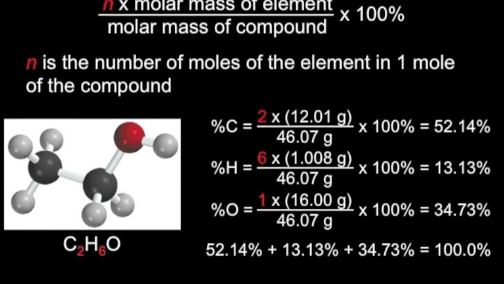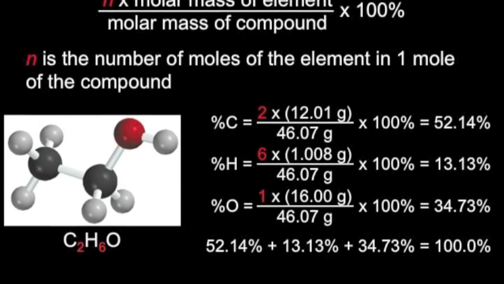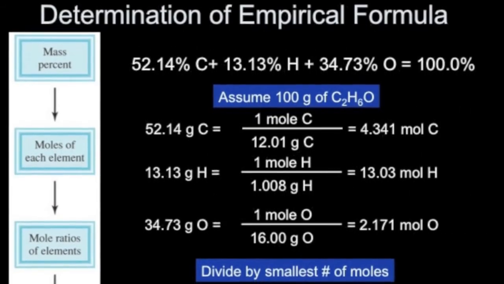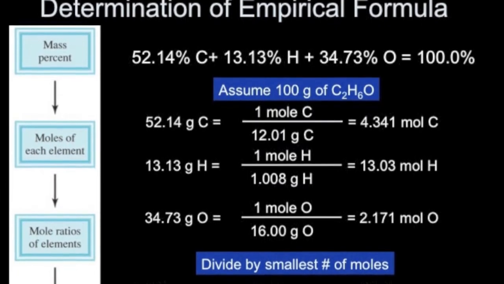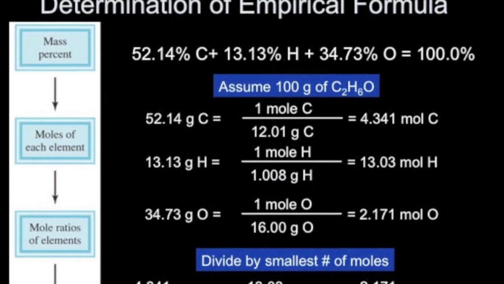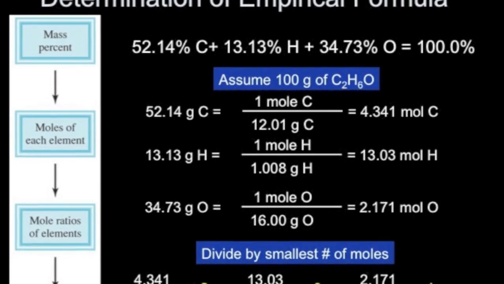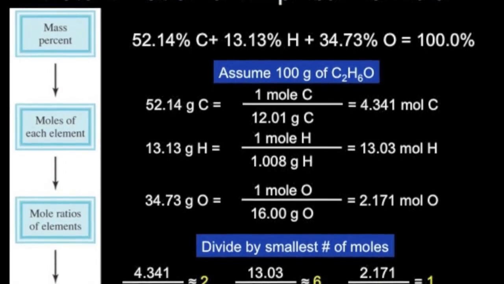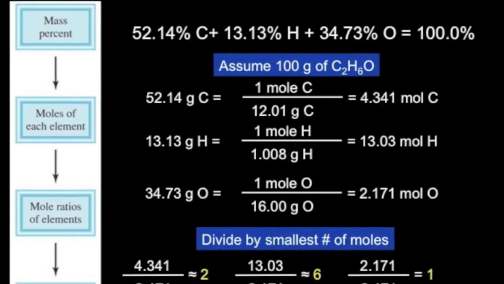What this really leads us to is if we have this information, this percent by mass, we can then determine the empirical formula by going through the moles. So if we take these percentages, if we assume a certain mass, say 100 grams of this compound, then that percentage just becomes a number of grams. If we then figure out how many moles are present in that mass, we can then figure out how many moles of each one of those are present.